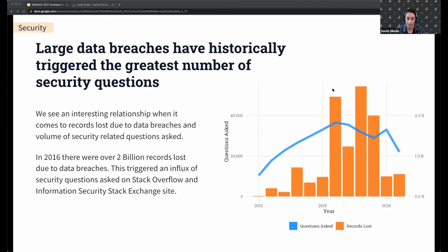This triggered an influx of security related questions asked on Stack Overflow and our information security site. If you think back to 2016, this included a Yahoo breach with over 500 million records lost, Friend Finder with 400 million records lost, and a few other ones in the mid 150 million records lost. So some pretty big breaches there.